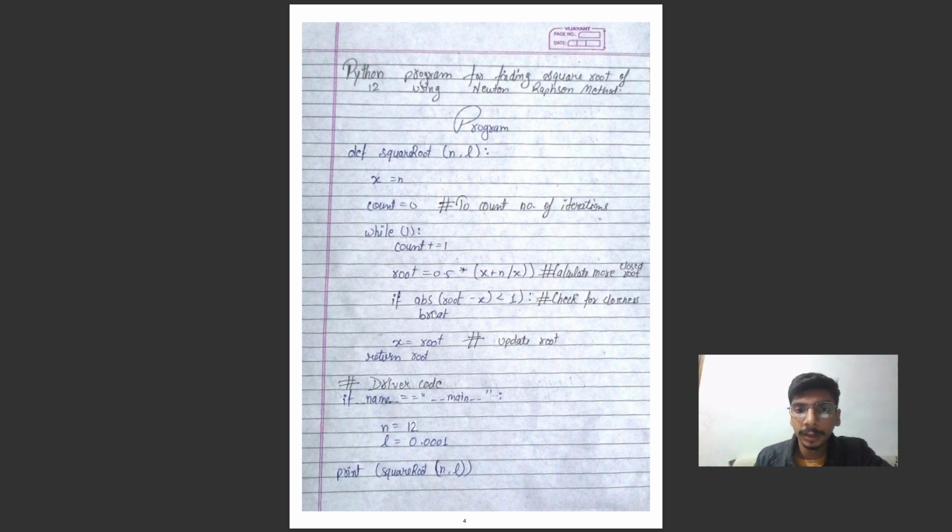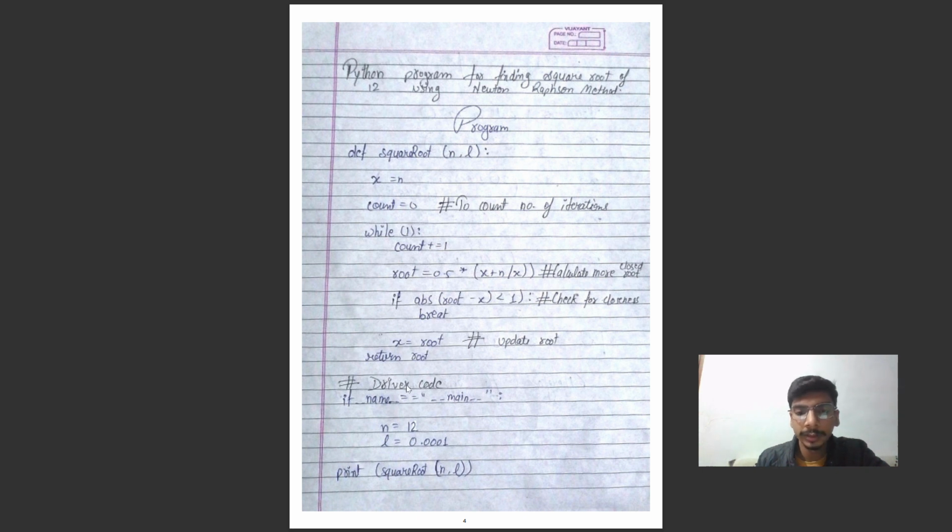If this condition is not satisfied, then x will be updated, and this will be the updated value of root, and return root, and again in this way the loop will run until these conditions are true. Once the condition is satisfied, it will automatically break from the loop and return root.